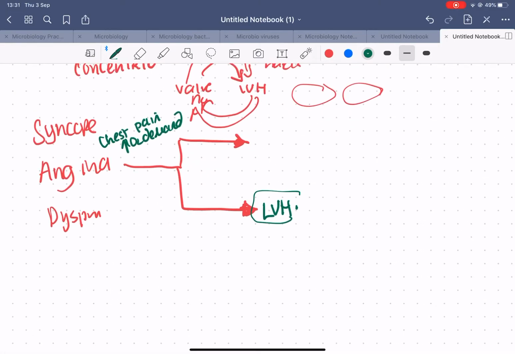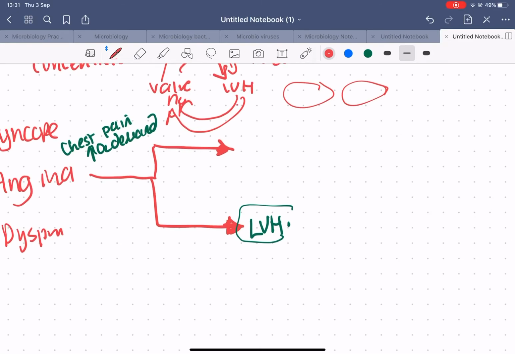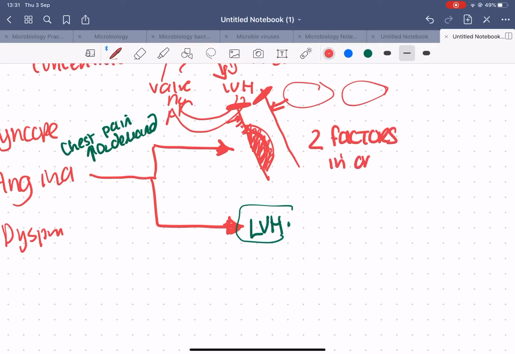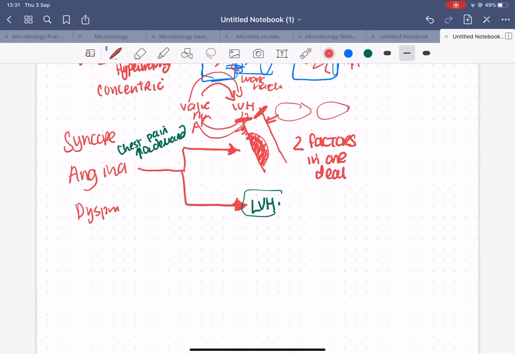But what else typically causes angina? Well, if you have a blood vessel with plaque on it, if you have coronary artery disease already, and downstream of that you now have a stenosed valve, you have two factors in one. This two-in-one deal is really harmful for the body and dangerous for the heart.